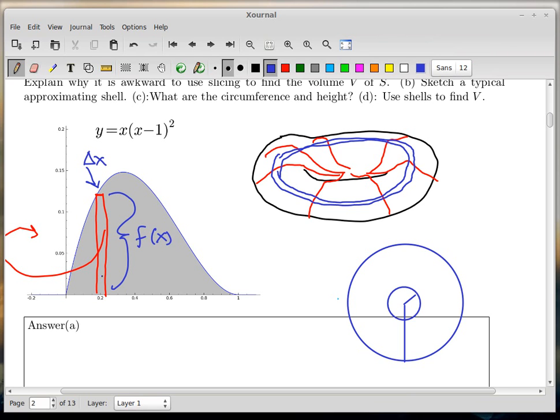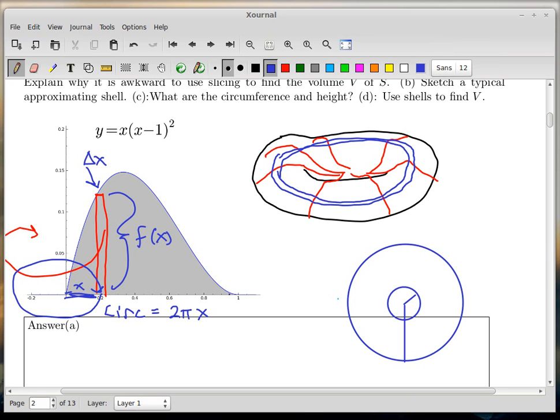It always works like this for cylindrical shells. And then when you spin it around, you're basically going to get a circle that has x as its radius. And so the circumference that it makes is the same as the circumference of a circle with radius x. So the circumference of the shell is going to be equal to 2 pi x.